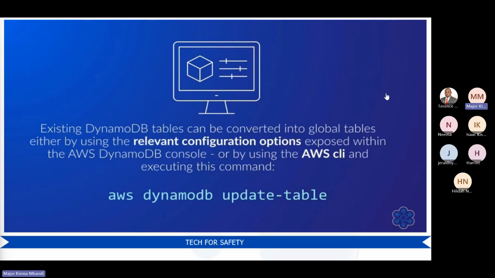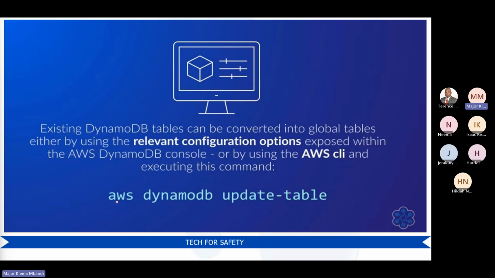Existing DynamoDB tables can be converted into global tables, either using the relevant configuration options exposed within the AWS DynamoDB console or by using the AWS CLI. So you can use the console, this is the web version, and then you can use a CLI command.